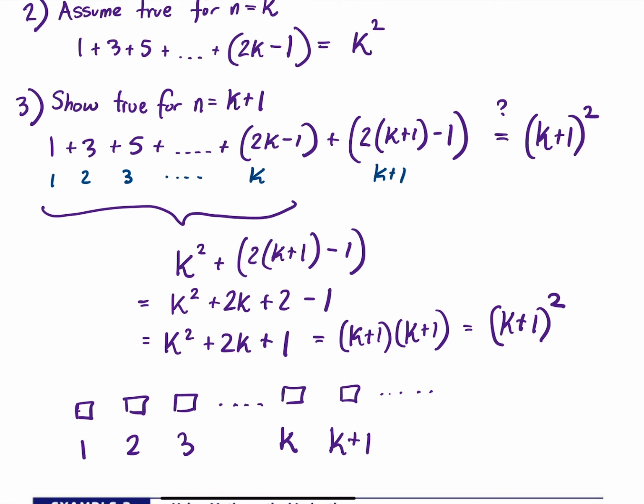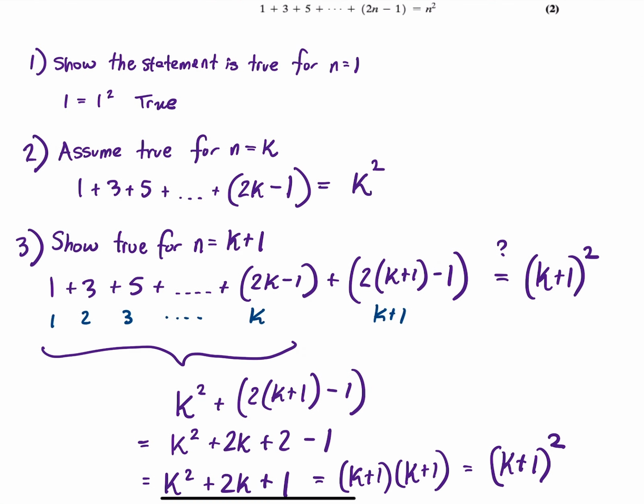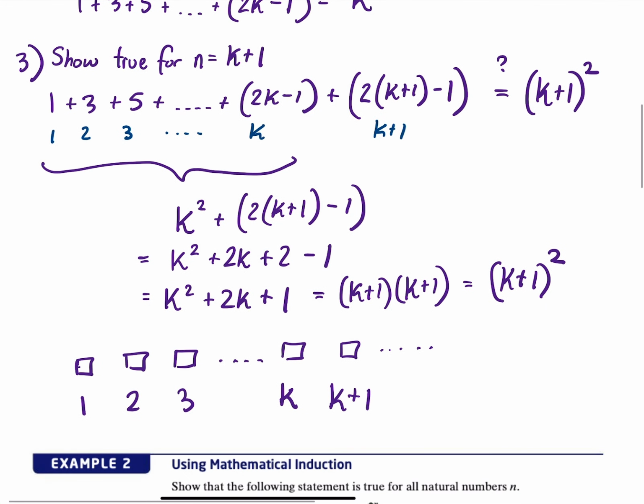So in step 1 of the induction process, we plug in 1 for n and just show that the original statement is true. So we know for sure that it works for n equals 1. Then we assume that it's true for some general statement k. So I won't totally fill that in because we're doing some assumption.